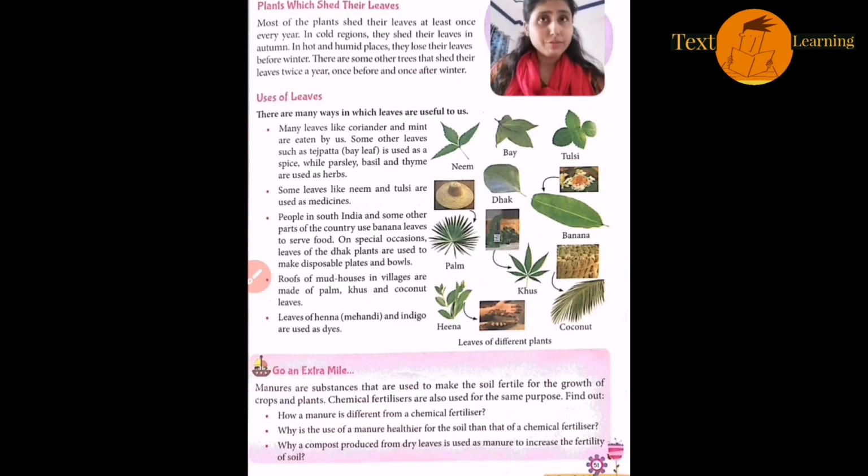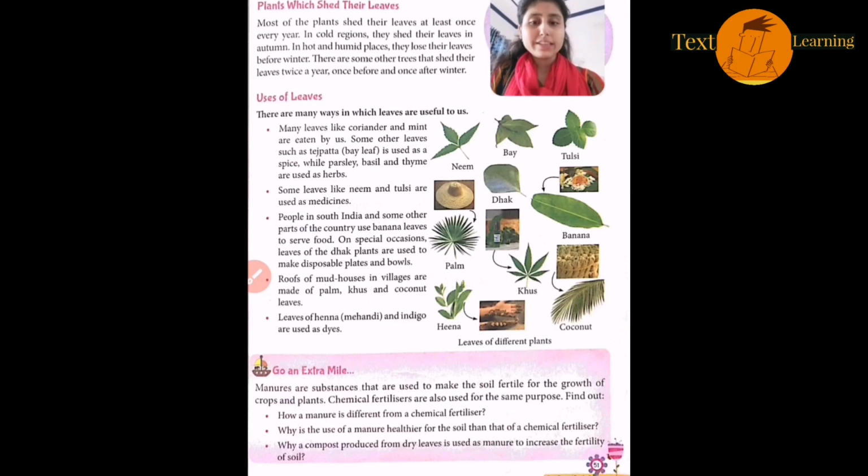You must have seen cow dung. Okay, that is the waste of animals, and this is used to make manure. Okay, did you understand what manure is? The waste substance of animals that we put in the ground to grow plants.